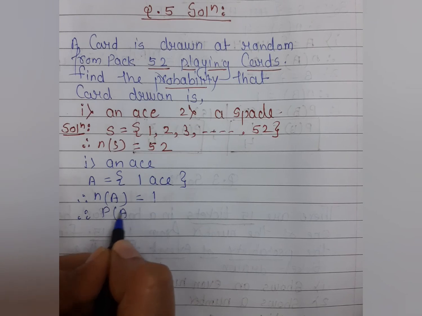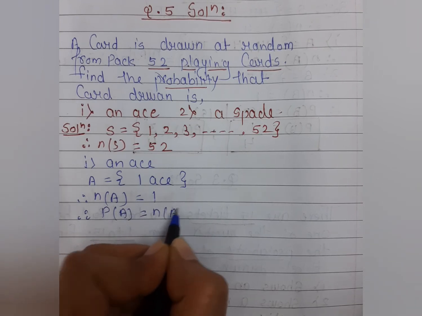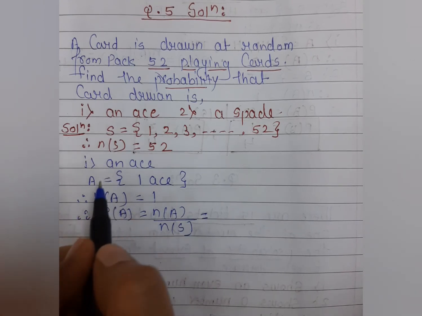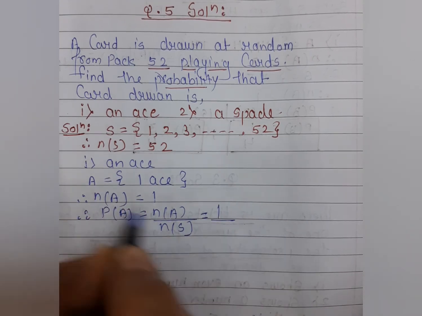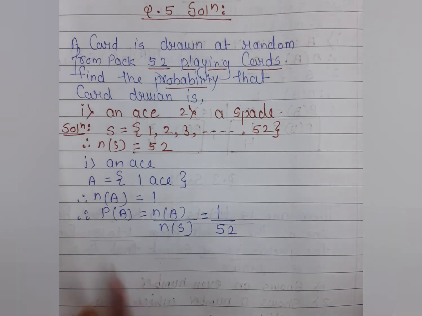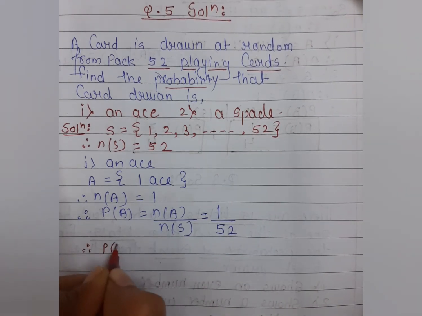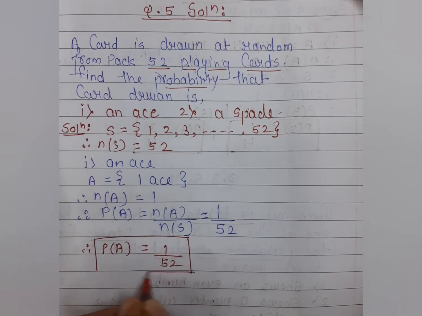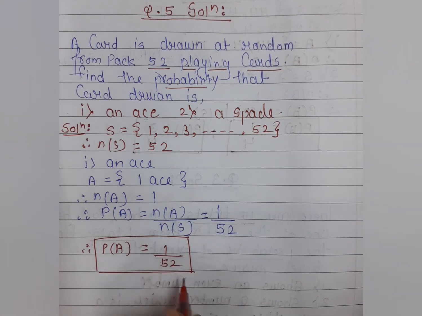So that is P of A is equal to N of A upon N of S. And N of A, students, is 1, and N of S is 52. So here we have P of A is 1 by 52. So here we have the probability of the event A, that is 1 by 52.